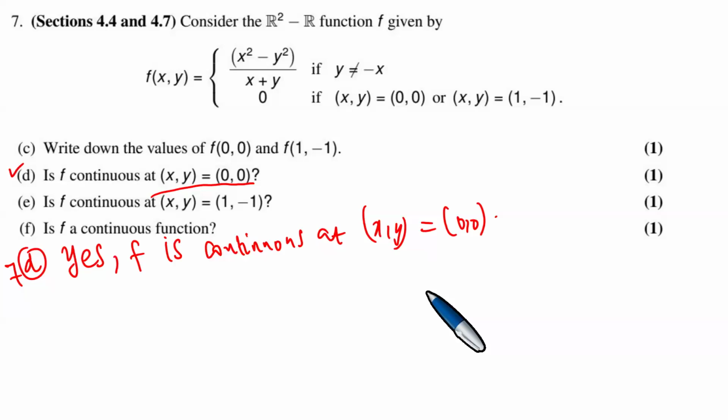Why? Since the limit. Continuity requires that the limit must be equal to the value of the function at the point. So let's evaluate the limit at this point.